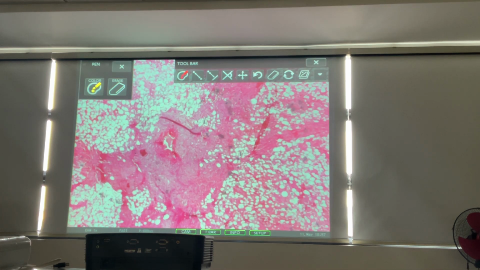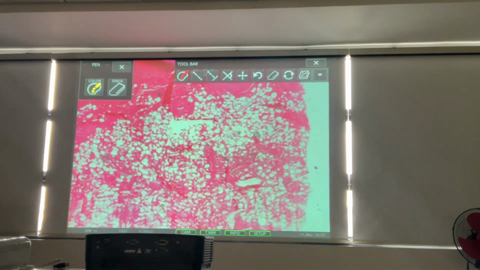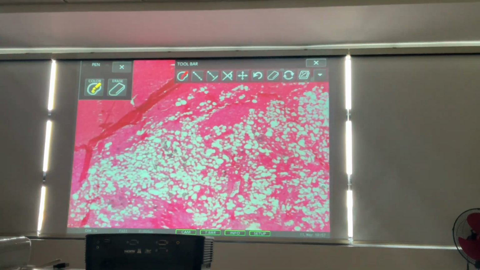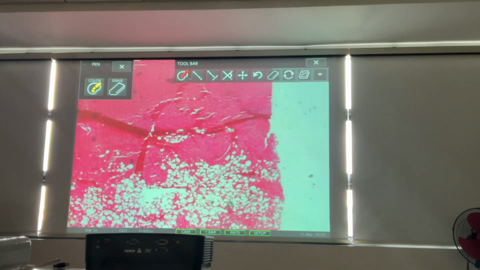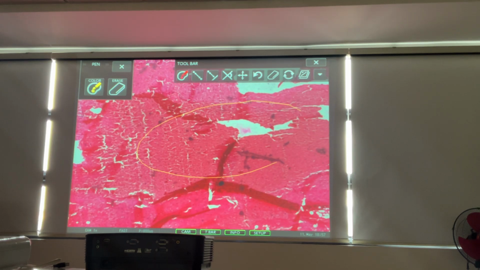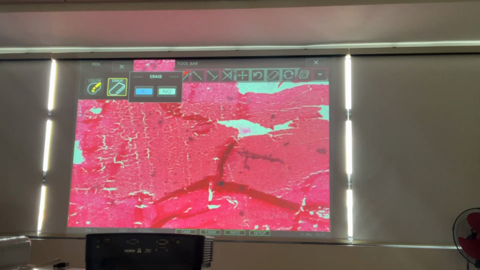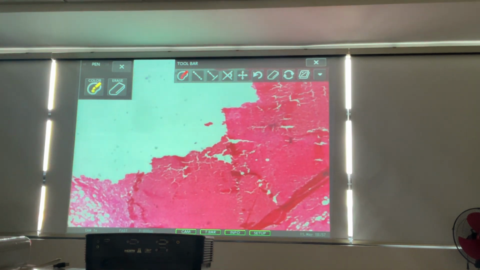So what's one complication of this one? Angiomyolipoma. This is a benign tumor, but one of its complications is this one. Notice this. This is a large blood vessel, and this area over here is already the blood clot. So if this is a fresh tumor, that's a very, very big clot.